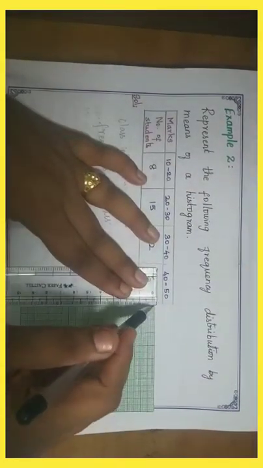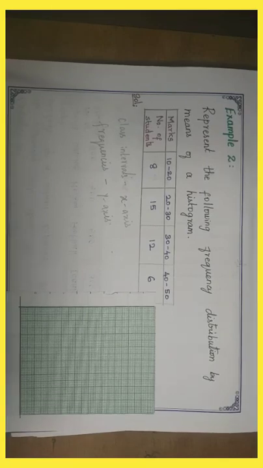If you draw the graph for this, take this as y-axis and this as x-axis. So now we can plot the graph for the given data, x-axis and y-axis, and this becomes the origin 0.